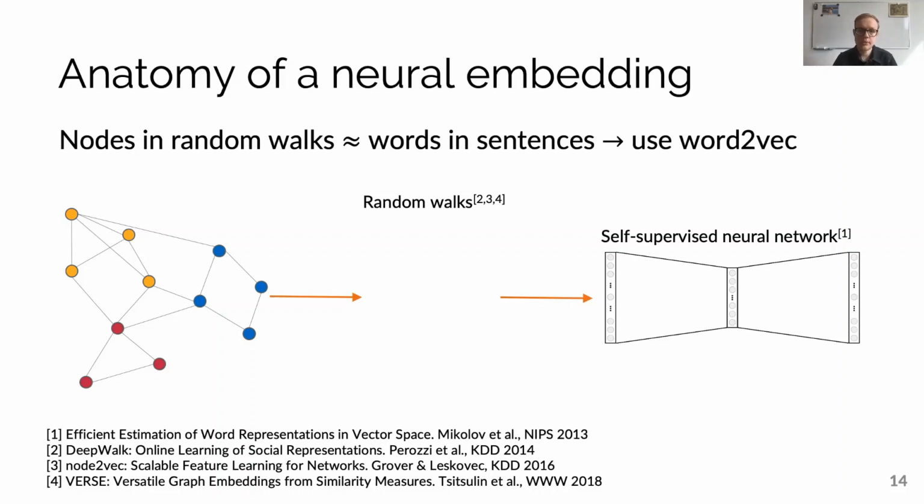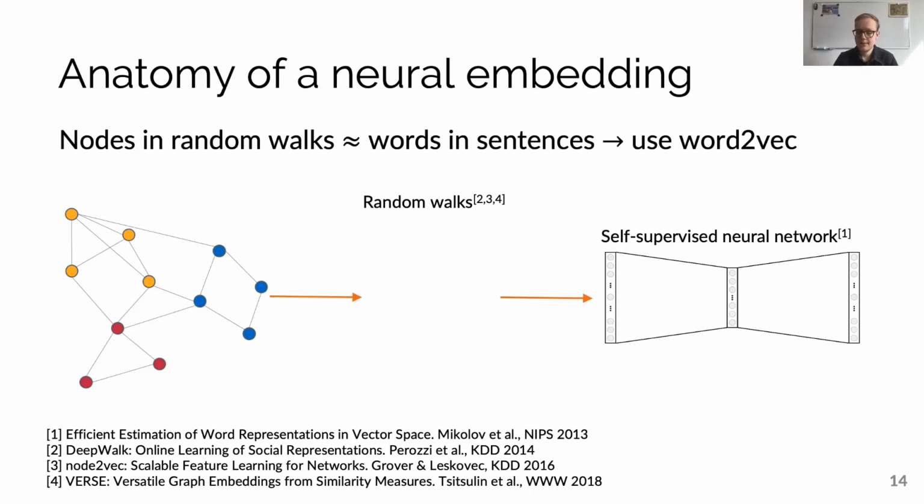So the main idea behind the neural graph embeddings is basically that we have random walks on graphs, and the nodes in these random walks are somewhat related or can be thought of as words in sentences in a natural language.